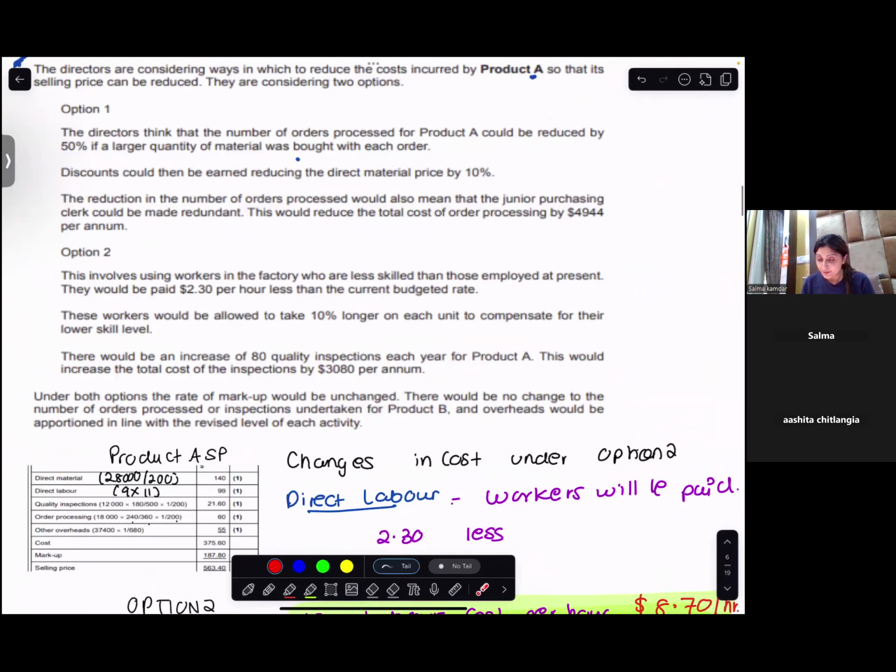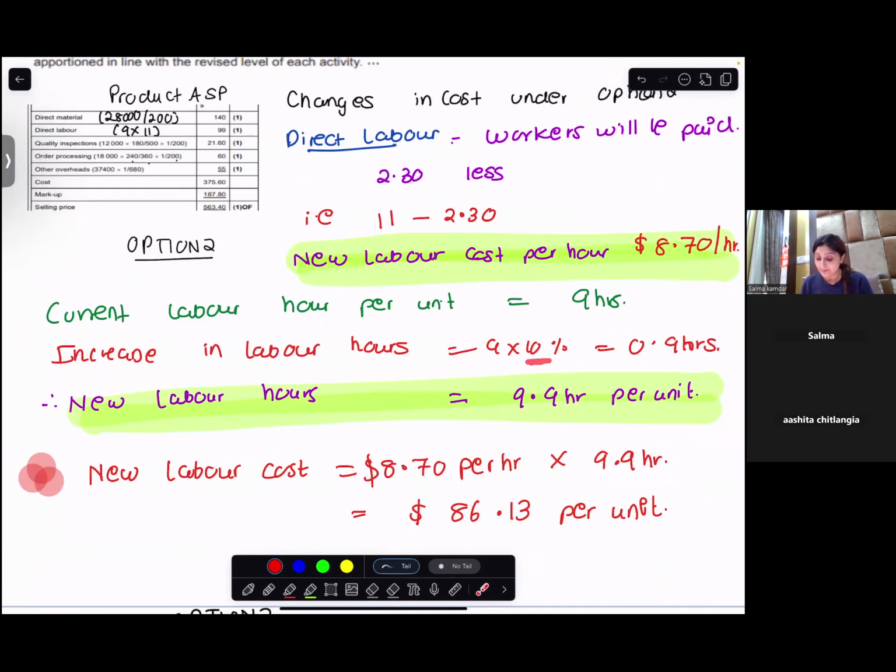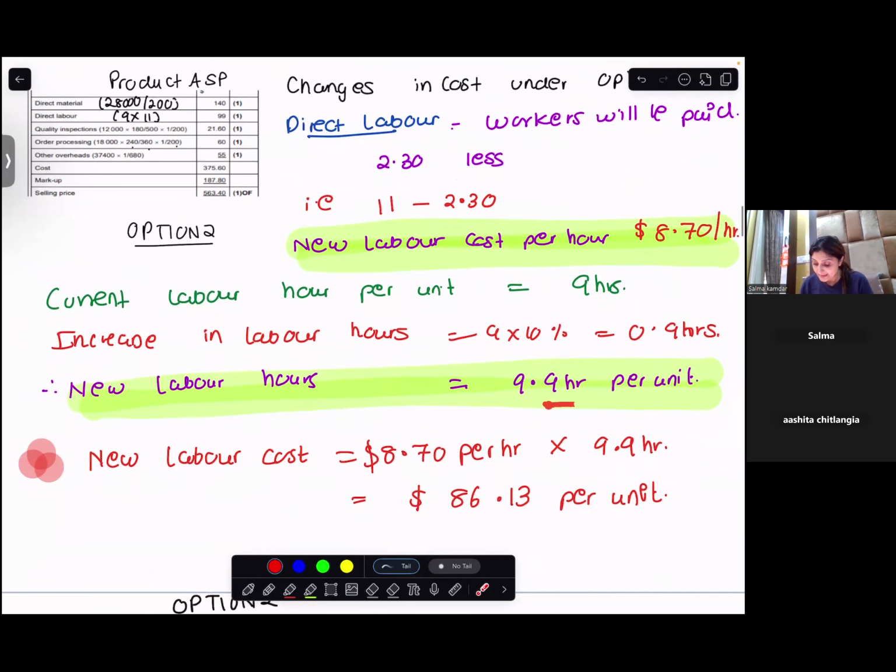That means 0.9 hours more. So the new labor hours would be 9.9 hours per unit. So new labor cost per unit would be 8.70 into 9.9, which gives us 86.13.